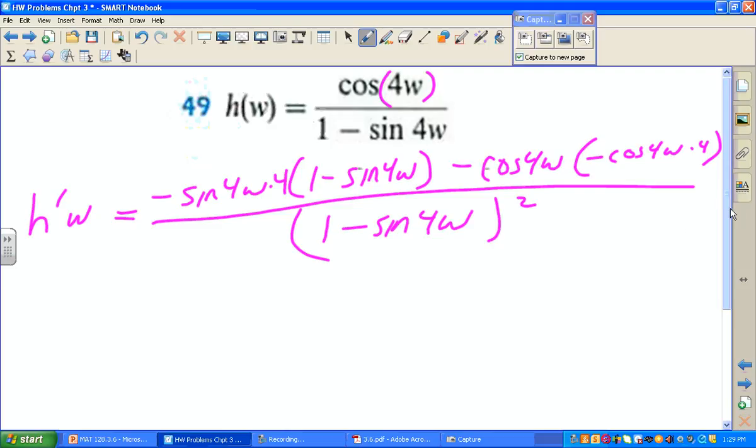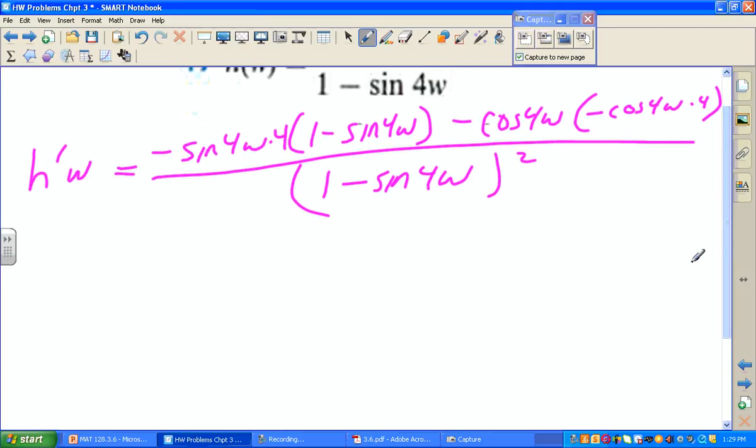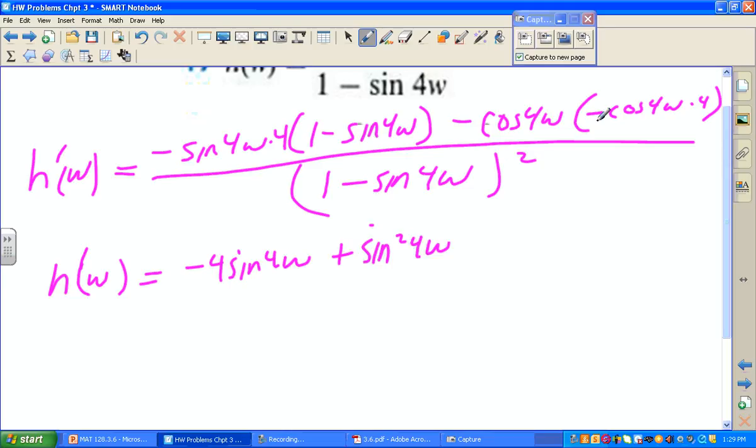Okay. Well, now you just kind of figure things out. H prime of w equals negative 4 sine of 4w. I'm just going to multiply it out. It doesn't look that difficult. Plus sine squared of 4w plus cosine squared of 4w times 4.